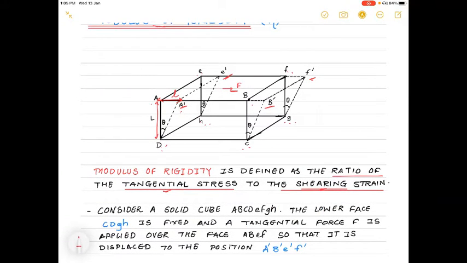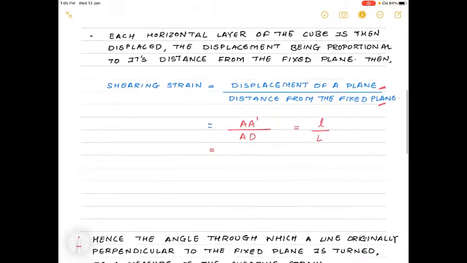Now if you see this diagram, this triangle DAA prime is a right angle triangle, and angle ADA prime is angle theta. So if you find tan theta, it will be equal to the opposite side upon the adjacent side, that is small l upon capital L. So the shearing strain, small l upon capital L, is equal to tan theta.